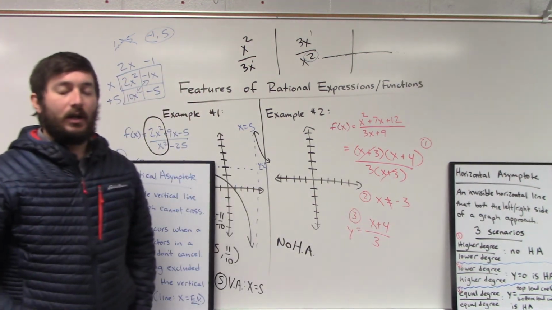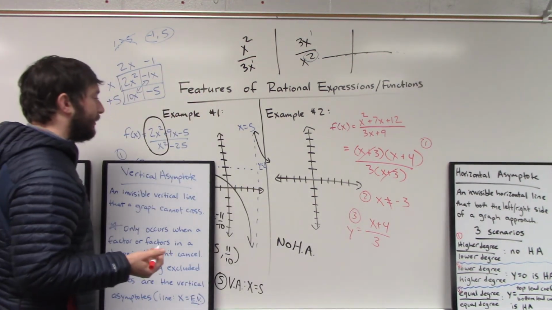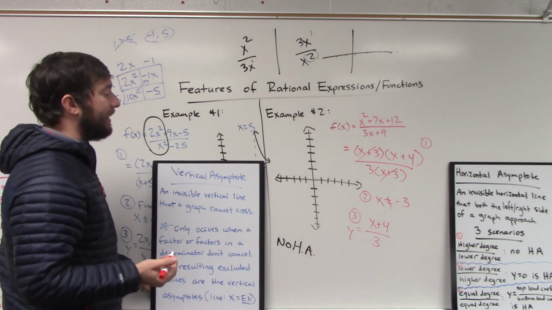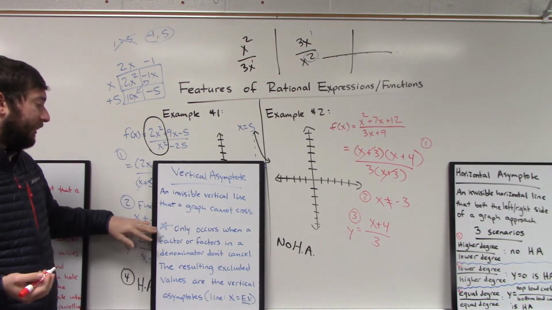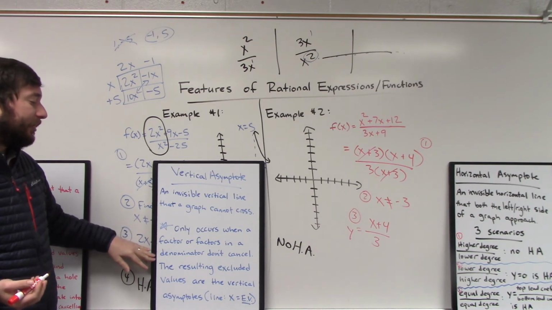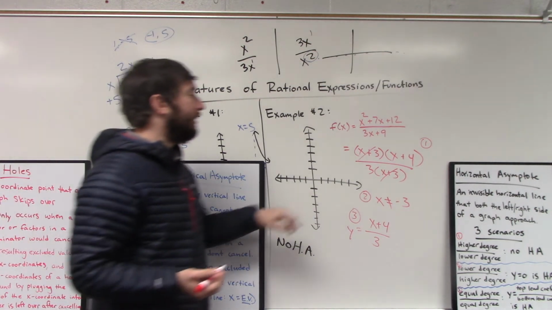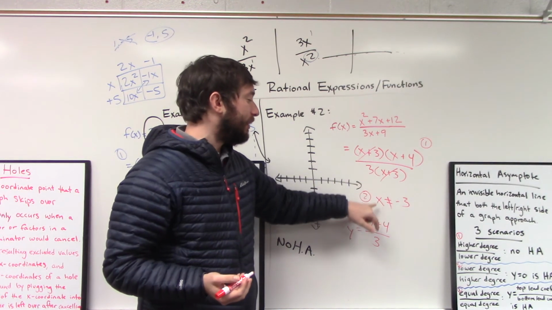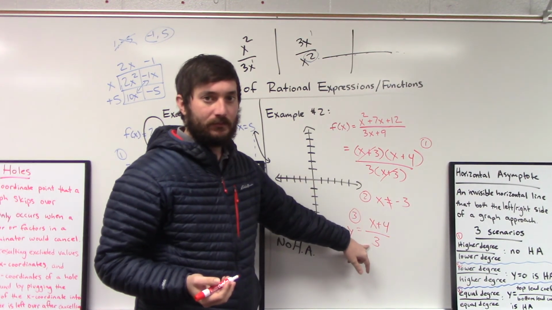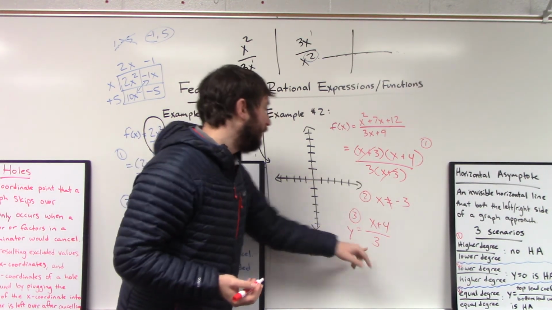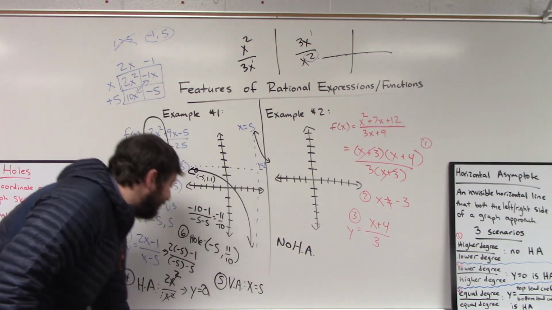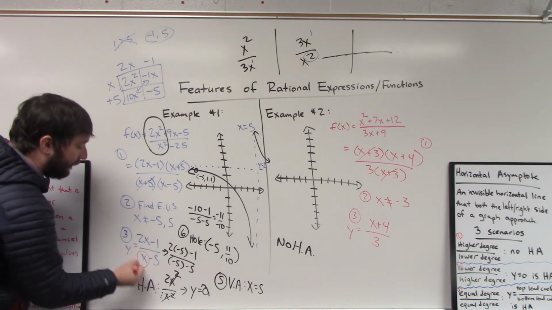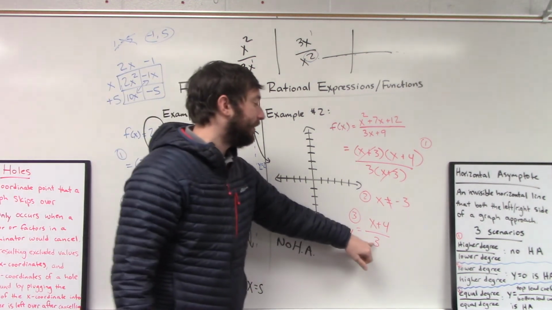Now, if we're looking for other information like a vertical asymptote, remember, it occurs when you have factors in a denominator that don't cancel. So in this case, do we have a variable left over in our denominator at the end of this problem? No, right? For our previous example, when we canceled, we had a variable left over in our denominator, but not here.